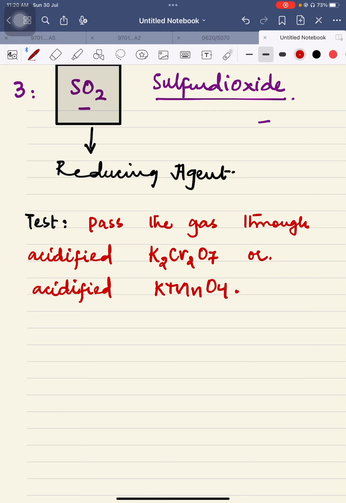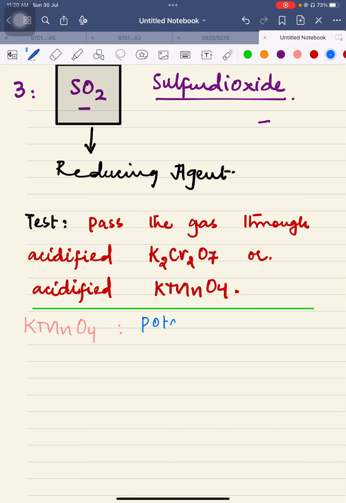Let me tell you some things in detail. KMnO4 is called potassium manganate.